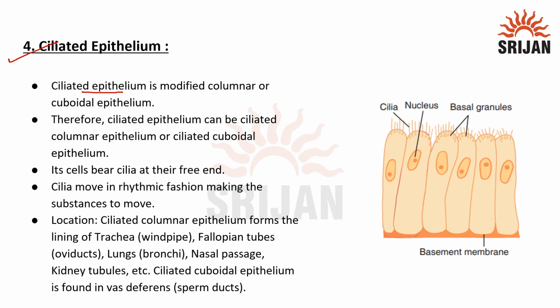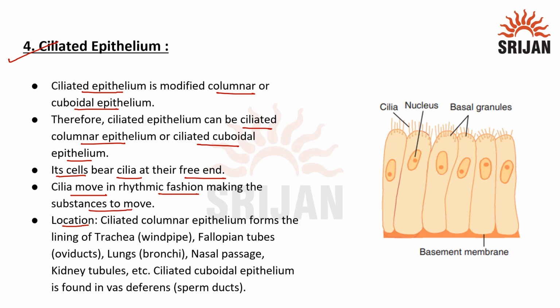Ciliated epithelium is modified columnar or cuboidal epithelium. Therefore, it can also be called ciliated columnar epithelium or ciliated cuboidal epithelium. Its cells bear cilia at the free end, and cilia move in a rhythmic fashion, making the substances move.